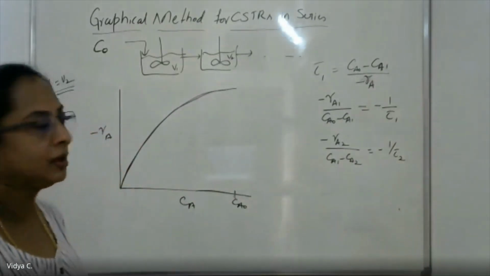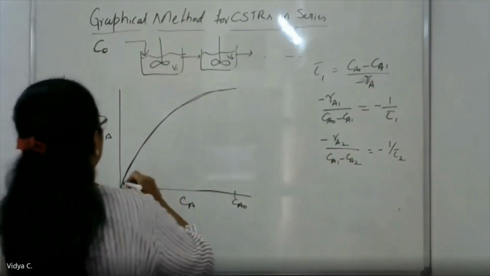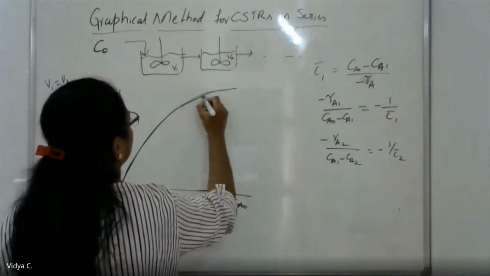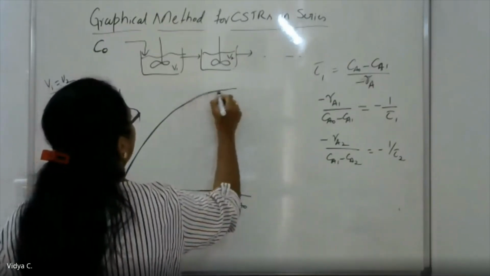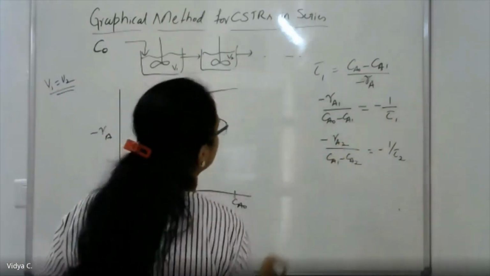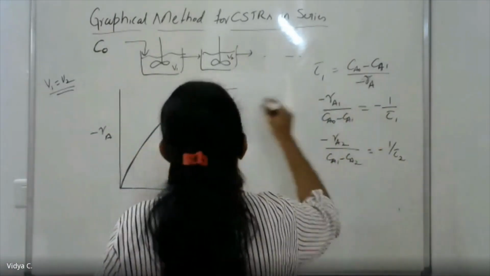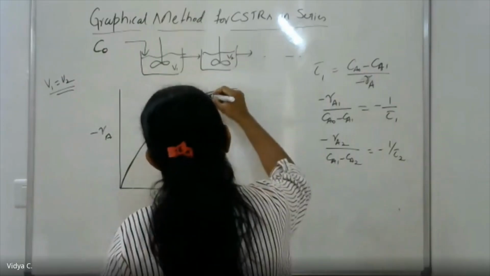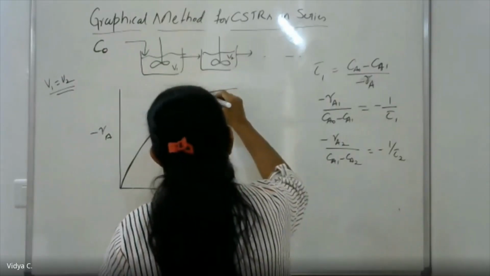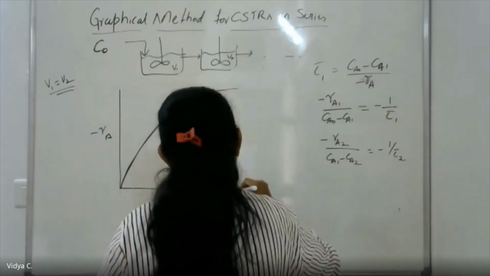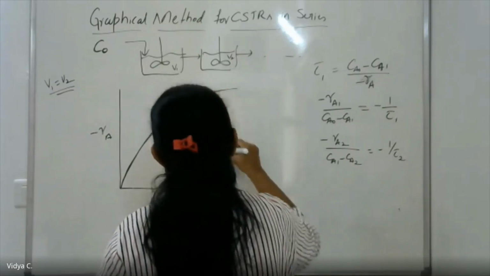tau 2. So now from CA0, I try to get this slope, minus 1 by tau 1. So this is the slope. I try to mark the slope from CA0, and it should be a straight line.